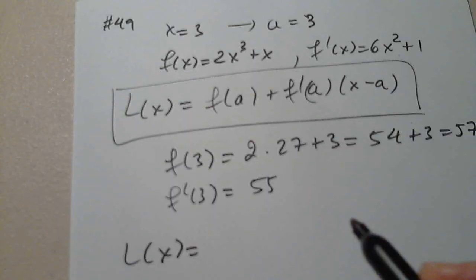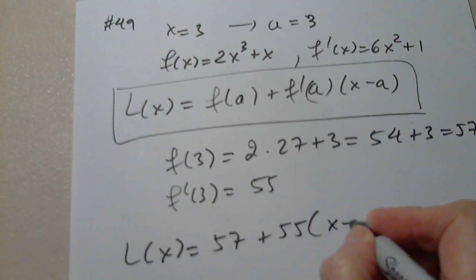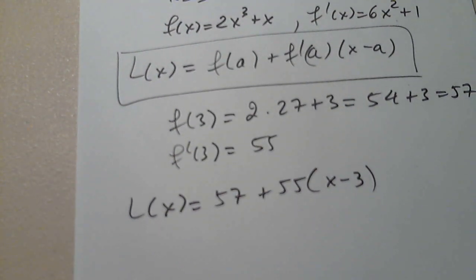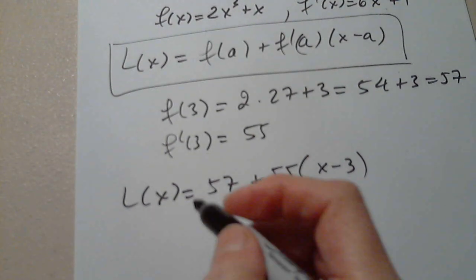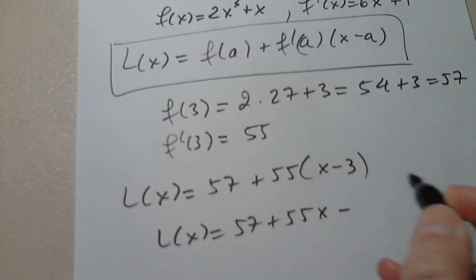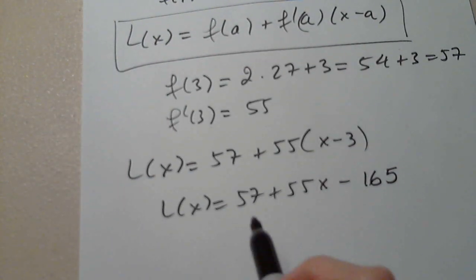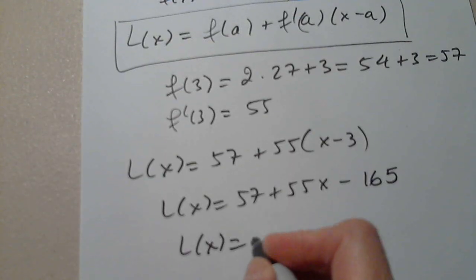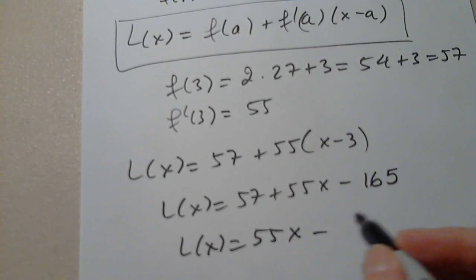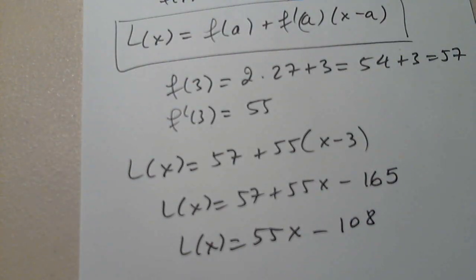So L of x equals f of a, 57, plus 55 times x minus 3. I have to simplify it as much as possible. So L of x equals 57 plus 55x minus 165. Combine these two, so L of x equals 55x minus 108, is it? 165 minus 57, I got 108.